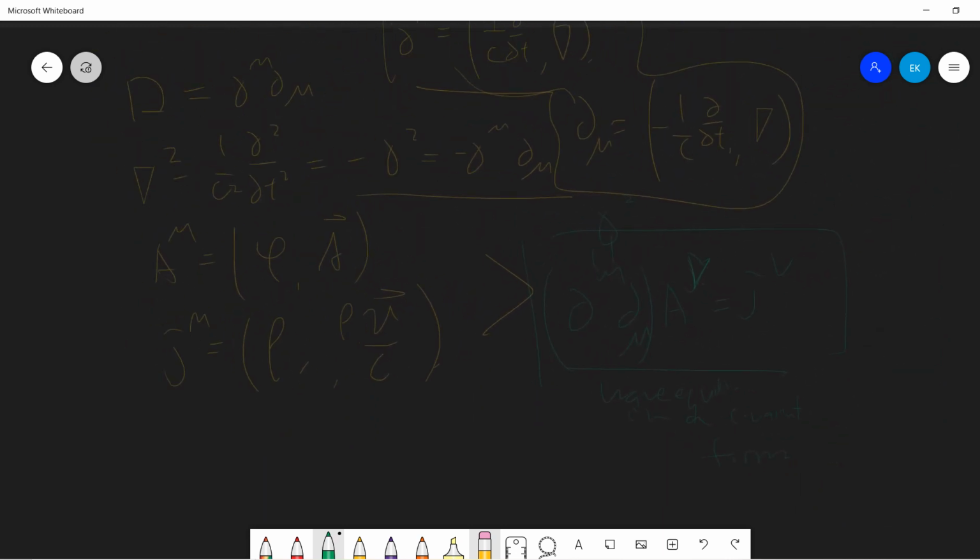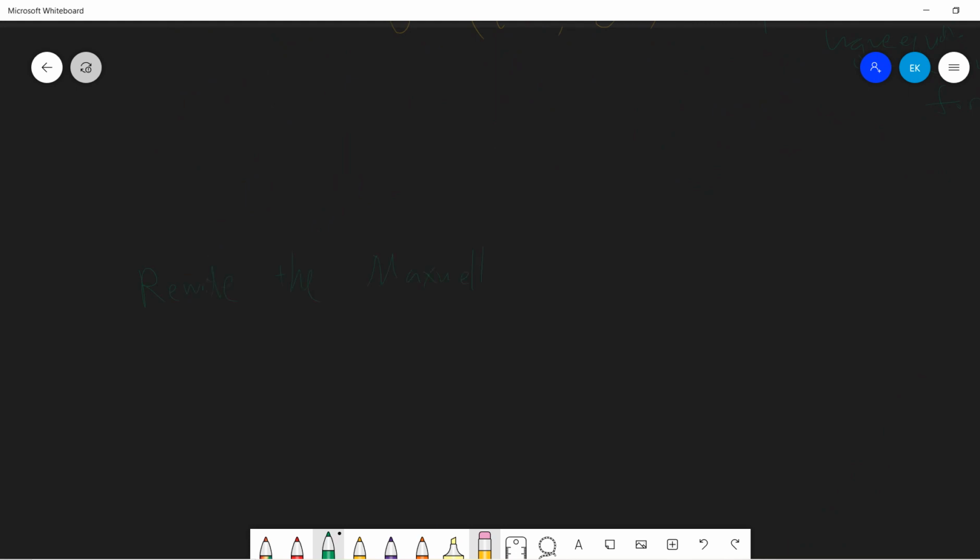Nice. Okay, so then I think this is good for today. And next time we will rewrite the Maxwell equation into this one, and people like to talk about this one, or you put this in upper, right?